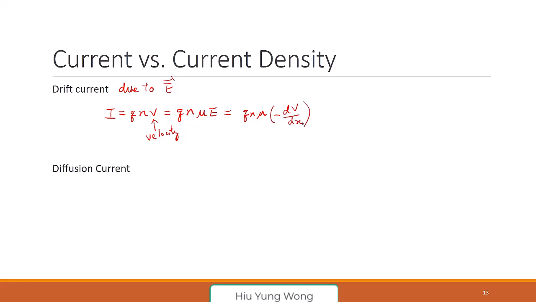Now there is one problem in my equation. Do you think my equation is correct? I equals Q n v. Think about this. I have an electron going this way. Does the current go from left to right or right to left?